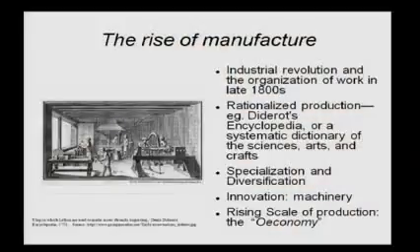So part of the background to Smith is the rise of manufacture, the fact that people were beginning to think about organized ways to produce goods for profit. And Diderot's encyclopedia, which we actually had an exhibit on last year. I think it's been taken down now, but this was a great encyclopedia of arts and trades and crafts.